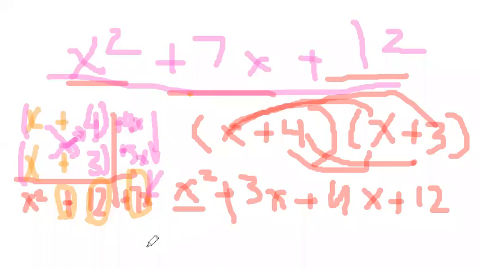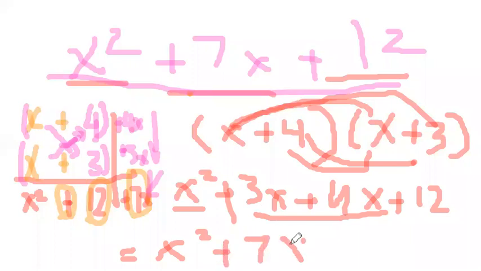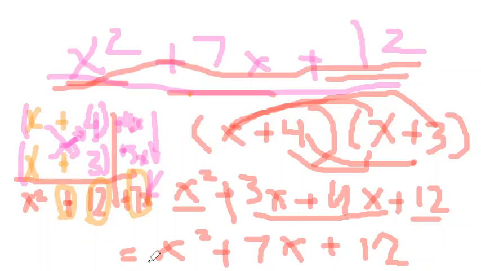So x squared, next step, 3x and 4x have the same variable, so they add up to 7x, and the last term is 12. So yeah, we've got the correct answer. Working it back, we get the same x squared plus 7x plus 12 over here. We can have another example.